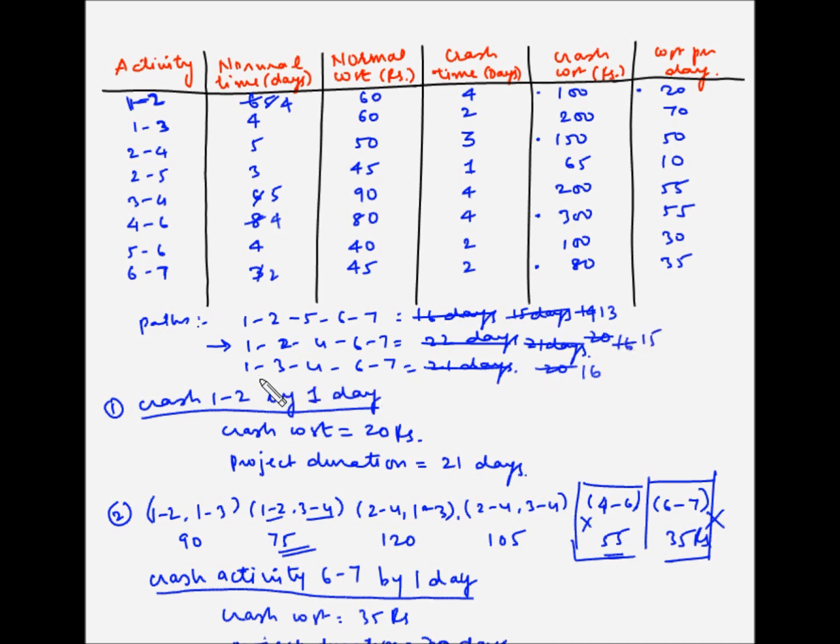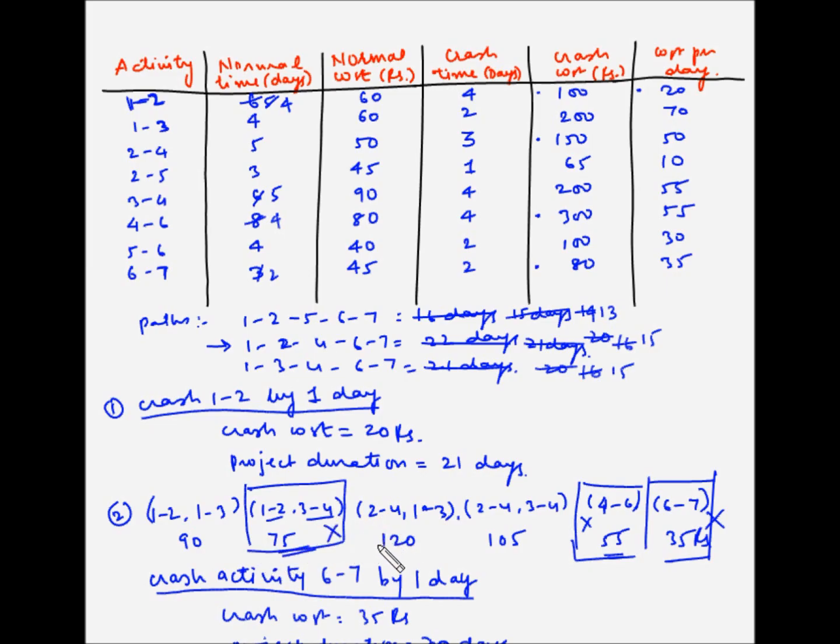And for the third path 1 3 4 6 7, 3 4 is available in this path, so this becomes again 15 days. So now again let's find the critical path. So again both these paths are critical. So now let's take the same combinations. So this one is now not available.